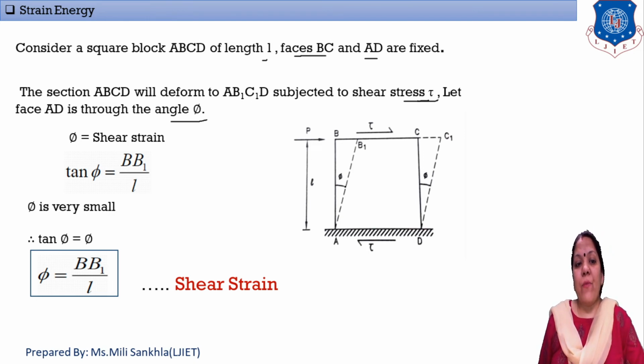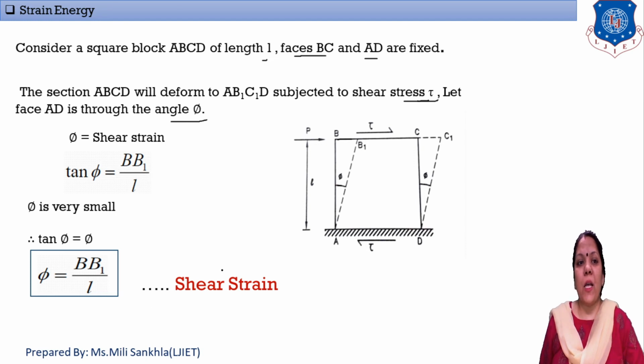Tan phi is equal to deformation BB1 divided by the length of the block L, because this is a square block and all sides are L. But this deformation is very small, so we can write tan phi as phi. So phi is equal to BB1 divided by L, and this is our shear strain.